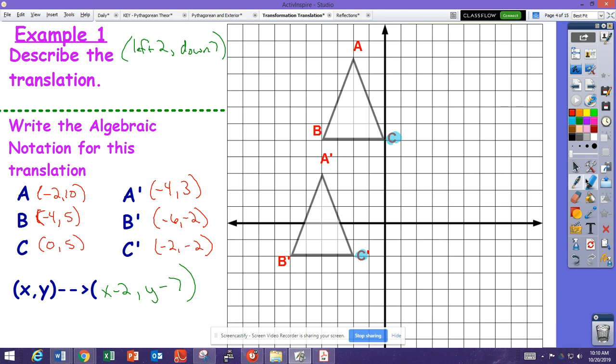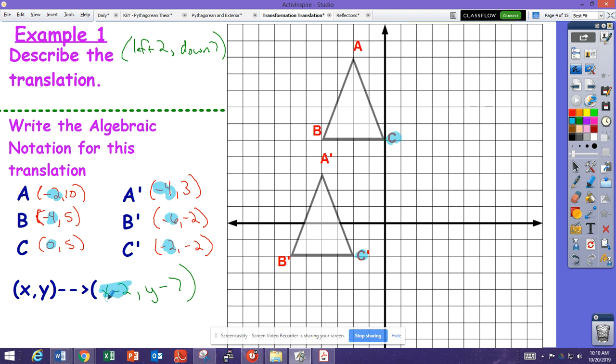All right, and so if you look here on the x coordinates, 2 was taken away from every x coordinate, right? X minus 2, so this is the original x, minus 2 is negative 4. Negative 4 minus 2 is negative 6. 0 minus 2 is negative 2, right?